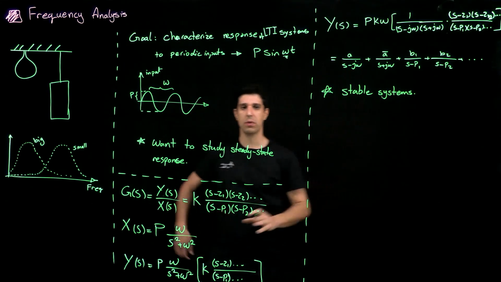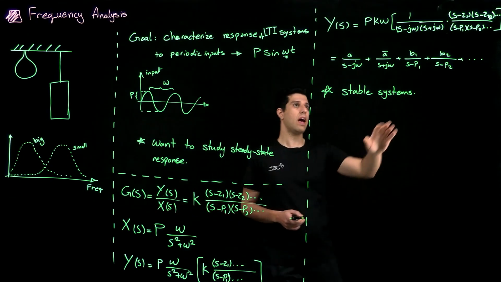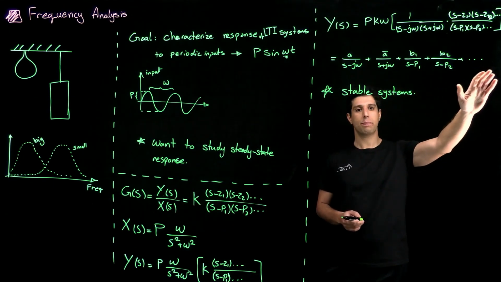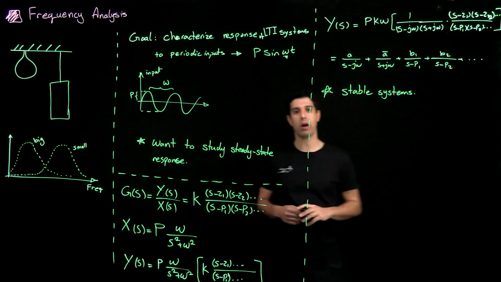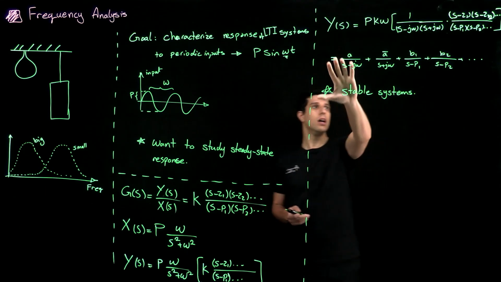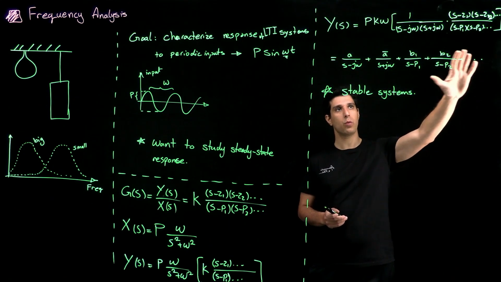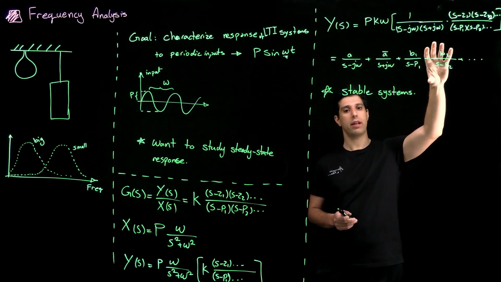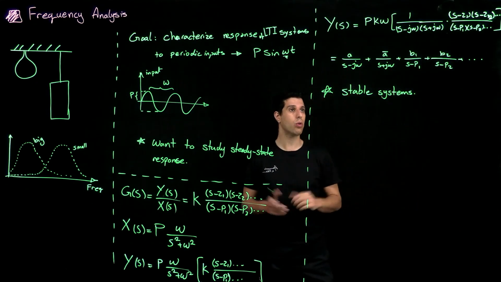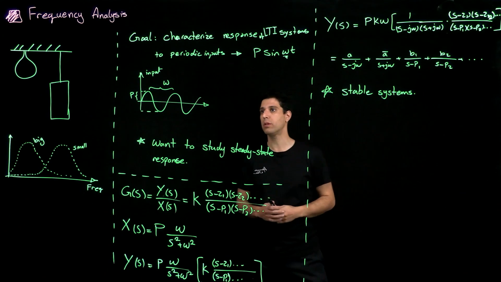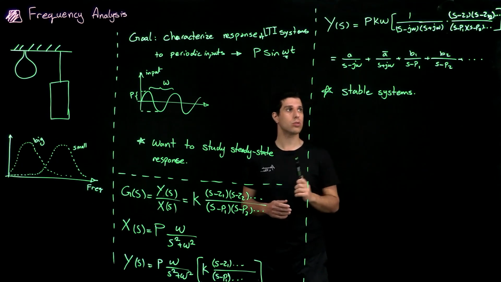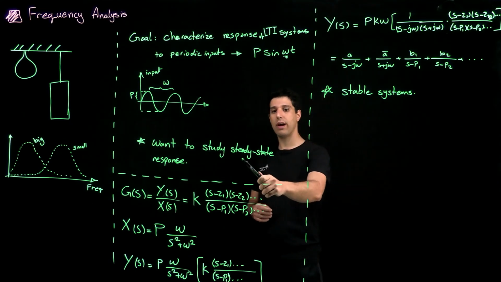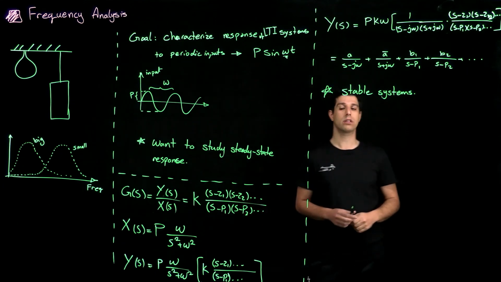Because if the system is unstable, meaning that any of these poles, p's, have positive real part, this response will be eventually dominated by that unstable pole, and the response will blow up to infinity as time goes to infinity, and we will never have this kind of a steady state response.